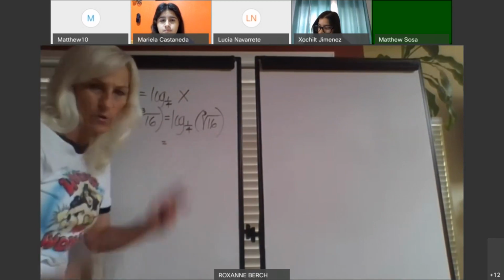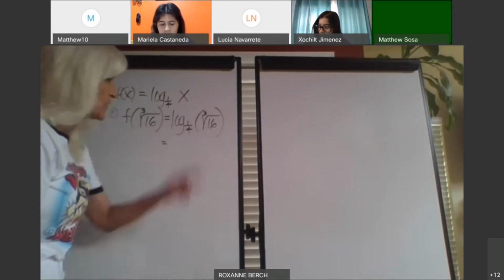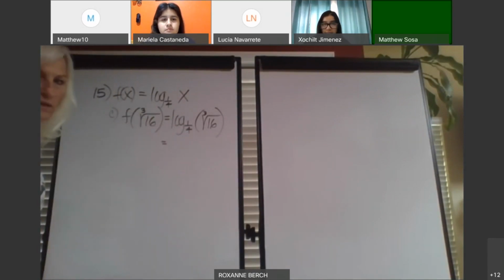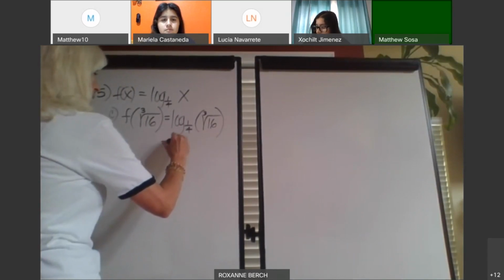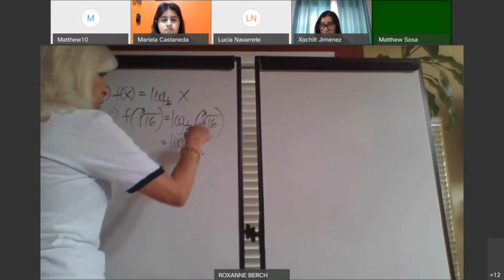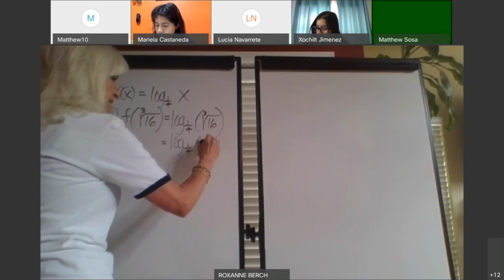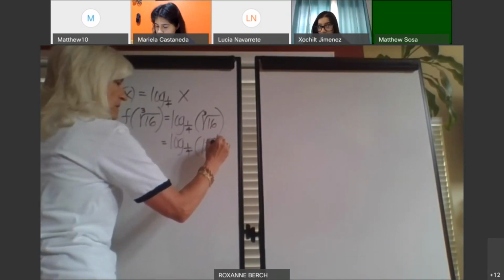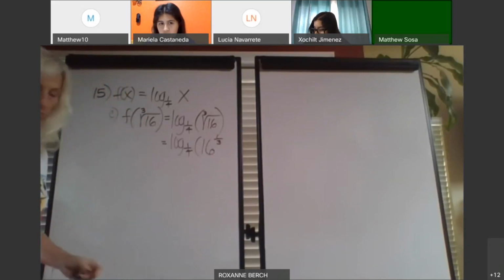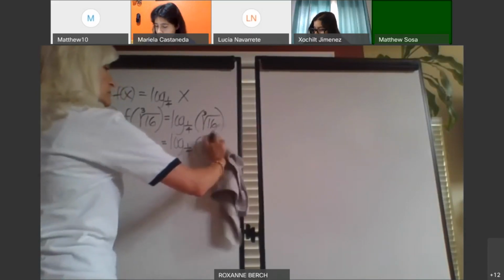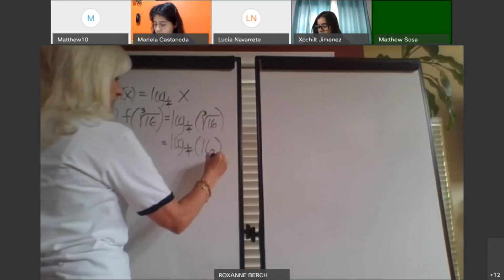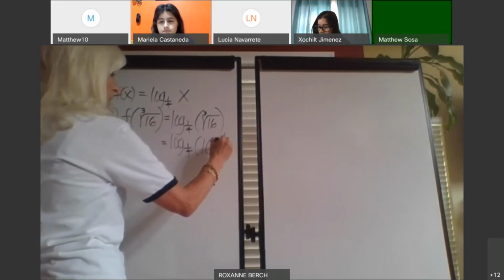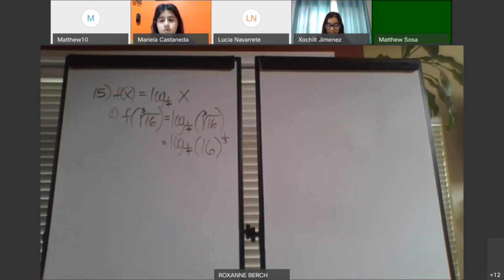Well, that looks nothing like what I want. So the first thing we're going to have to do is get rid of the radical. So if you get rid of the radical, wouldn't this be 16 to the 1/3? I'm just going to put it outside. I can put it inside or outside, however I feel, right? Is that correct or no?